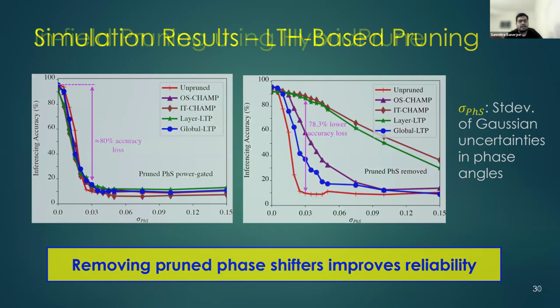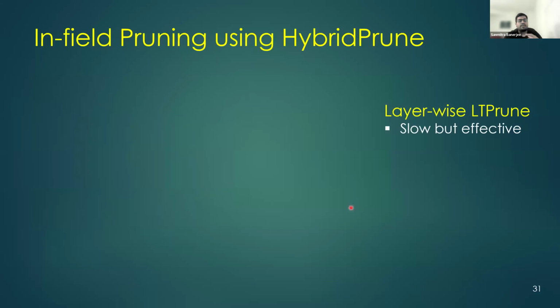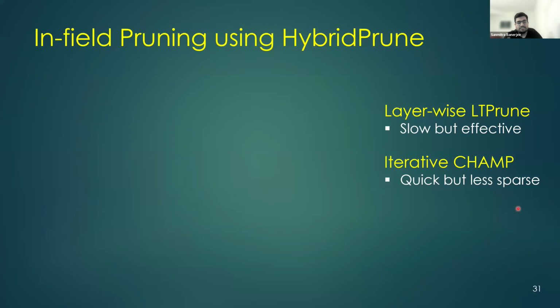And finally, we also wanted to explore a method where we use a hybrid flow of both lottery ticket based pruning and magnitude pruning. Lottery ticket based pruning is slow but effective. Magnitude pruning is quick, but we can't get as much sparsity there. So in this hybrid approach, we use the first few rounds of magnitude pruning to quickly ramp up the sparsity to some moderate level, and then we use fine-tuned lottery ticket based pruning to improve the sparsity further.